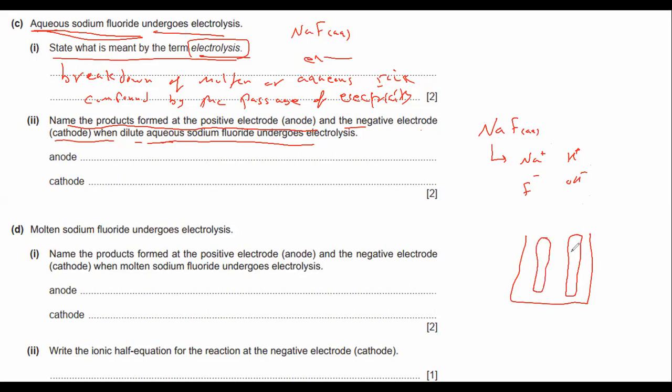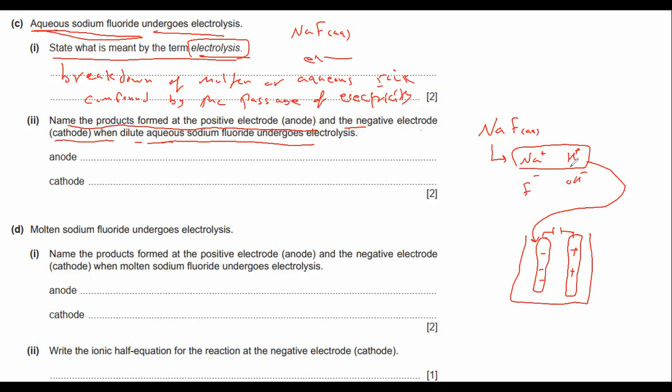Suppose that this is the anode, and let's say that this is the cathode. As we know, the positive ions will be attracted toward the cathode, but one of them will be reduced. So which one?